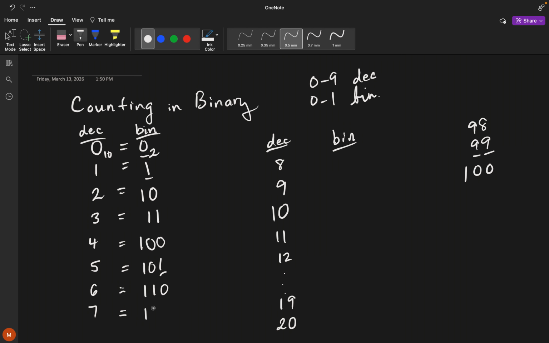And then finally 111. 1 plus 2 plus 4 is 7. And now all 3 of these spots are at their maximum digit, so we set them all back over to 0 and add a 1 to the next column to make 8 in decimal. 1, 2, 4, 8.